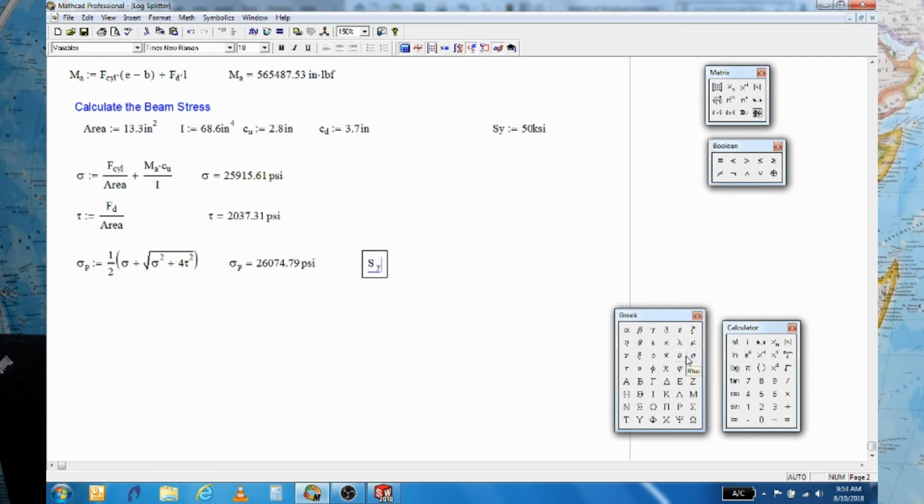And now we're going to find out what the design factor is. All right, we got a design factor of 2.68, which seems a little high because that's 50 and that's 26. So let me see.